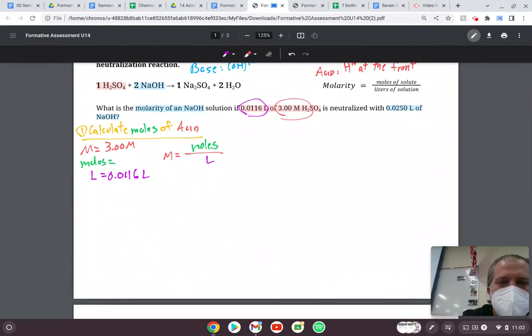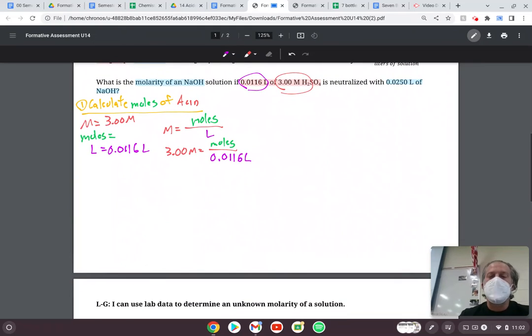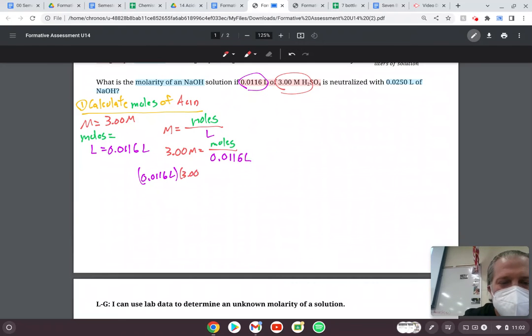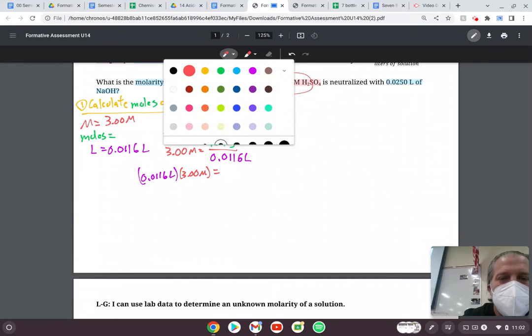When I substitute my values in, I have 3.00 molar equals moles over the 0.0116 liters. And just like we did yesterday and last week, we are going to solve for moles by multiplying both sides by 0.0116. So 0.0116 liters times the 3.00 molar gives me moles in this case.